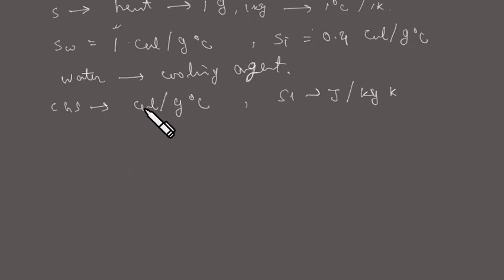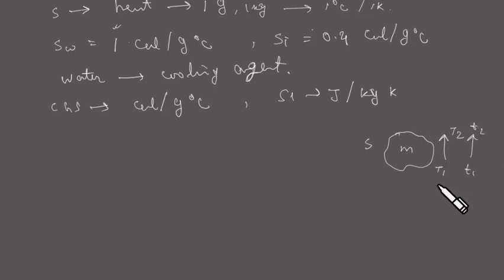Now let's consider a body of mass m, any body whose specific heat capacity is S, and the initial temperature is T1, let's say, and we want to increase the temperature to T2, in Celsius or Kelvin.